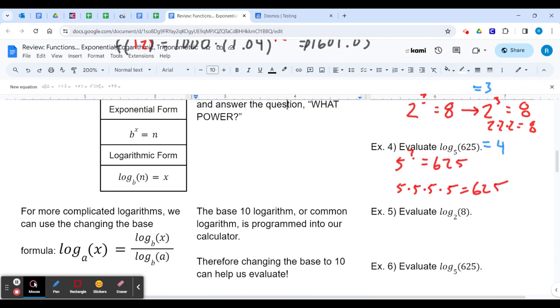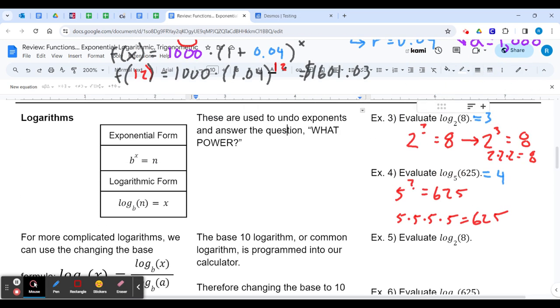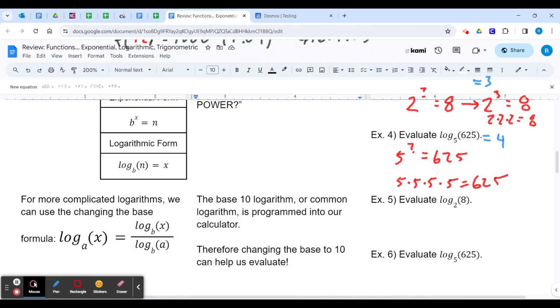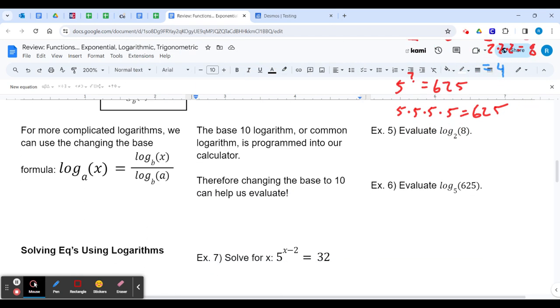Now, it's pretty easy to do that when we have clean numbers like that, where the bases and the exponents and the answers all line up. But for more complicated logarithms, we can use our change of base formula. For this, we have some logarithm, log base a of x. We can rewrite this as a fraction or a division problem with a brand new base b.